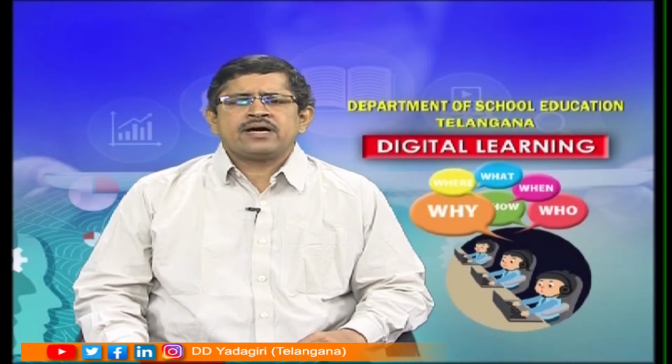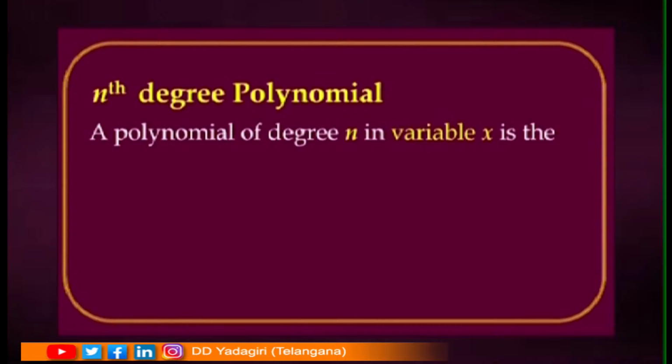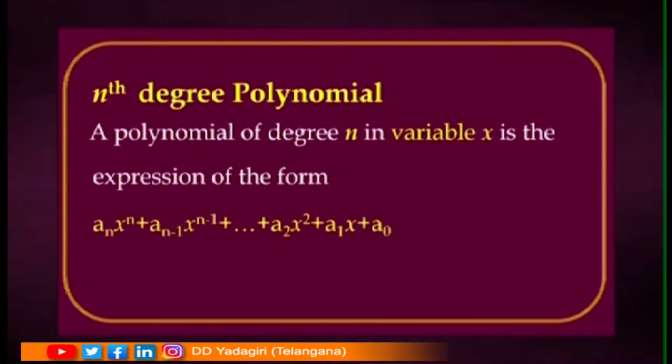Now we define the nth degree polynomial. A polynomial of degree n in variable x is an expression of the form an x to power of n plus an minus 1 x to power of n minus 1 plus, and it goes on, plus a2 x square plus a1 x plus a0.